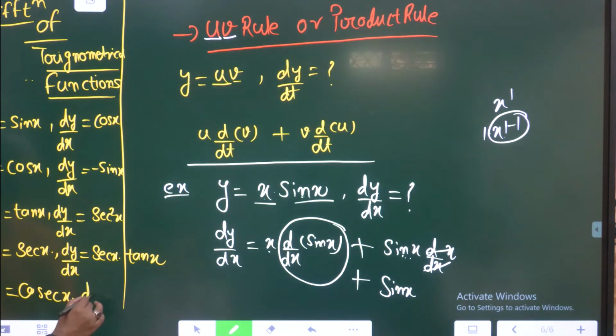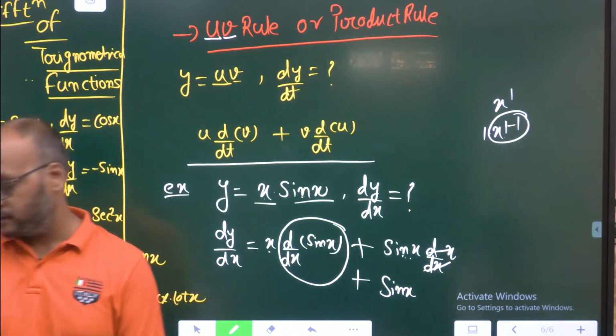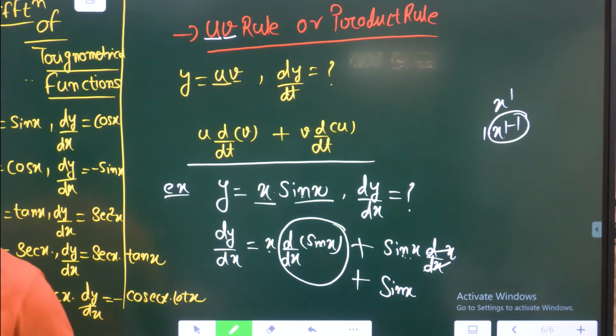You are differentiating y with respect to x. You will get minus cosec into cot. Note it down. One more is left. Cot is left.